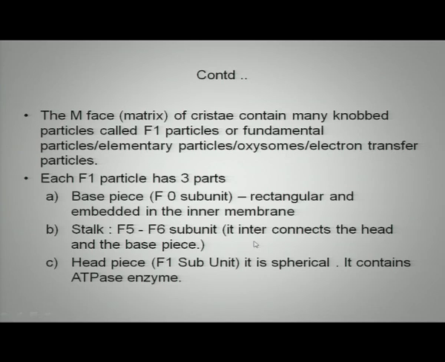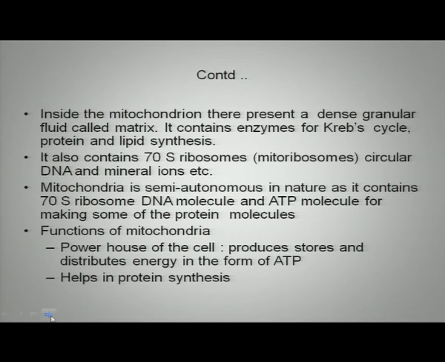It interconnects the head and the base piece. The third portion, the head piece, we will call F1 subunit. It is spherical in shape and it contains the ATPase enzyme or ATP synthetase enzyme needed for the synthesis of ATP molecules.